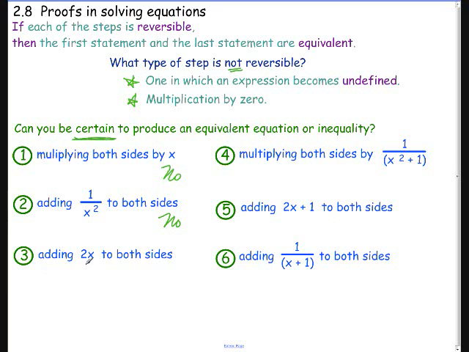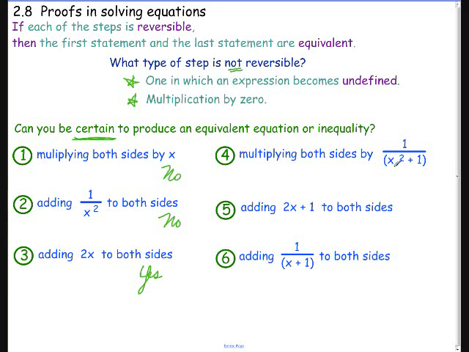How about adding 2x to both sides? Well, here, even if x is 0, adding 0 to both sides, that's going to be an equivalent equation or inequality. How about multiplying both sides by this? Now, in this case, even if x is 0, it's not going to affect this.